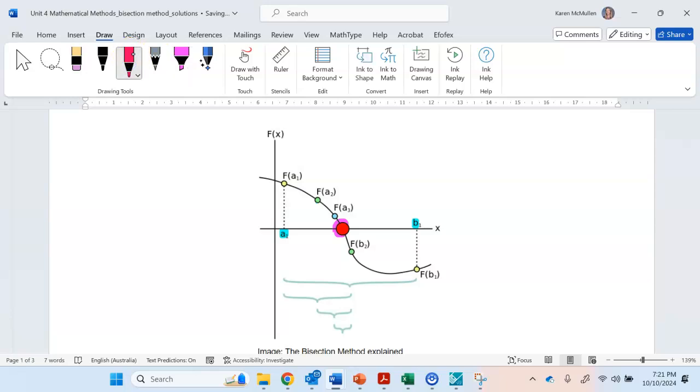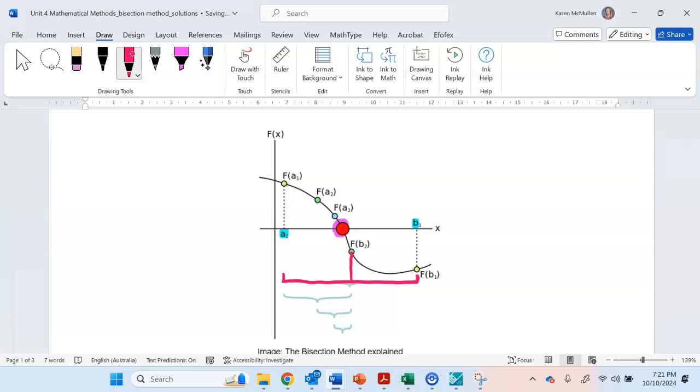So what we do is we look at the distance between A and B, and we find the halfway point. The halfway point isn't that red dot. It does look like it's halfway, but it's just kind of to the left of halfway. So halfway is actually this point here, B, which is called B2.